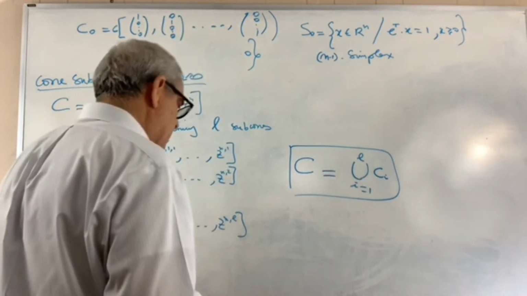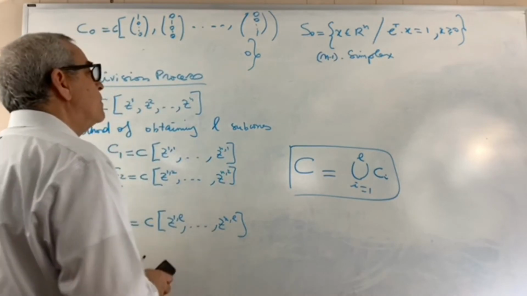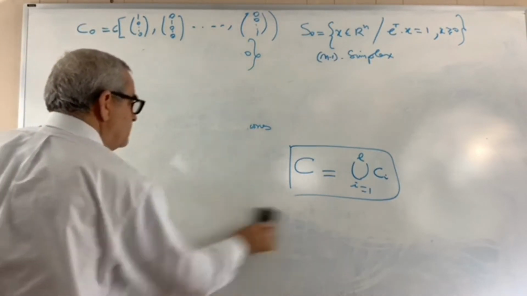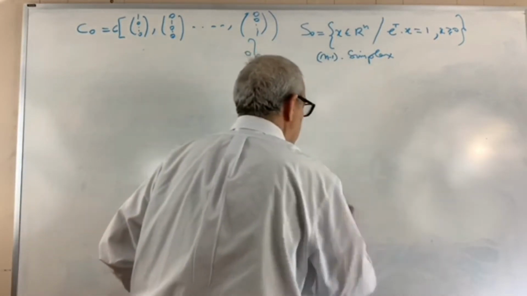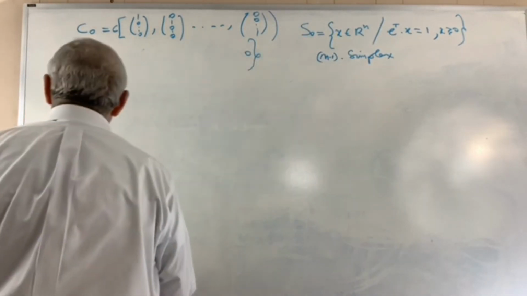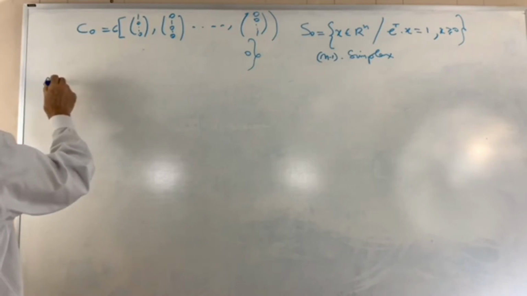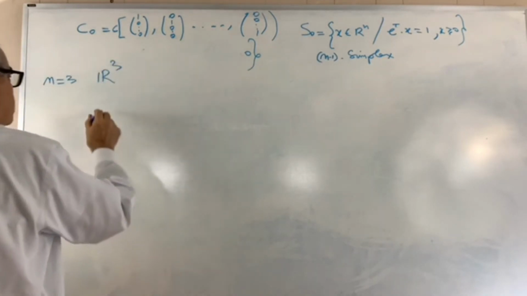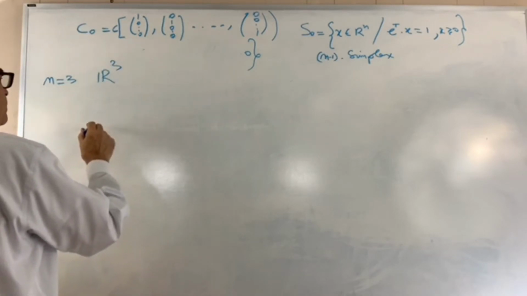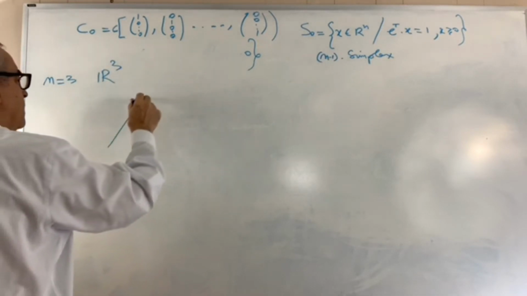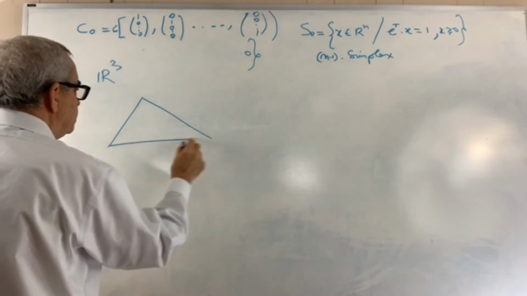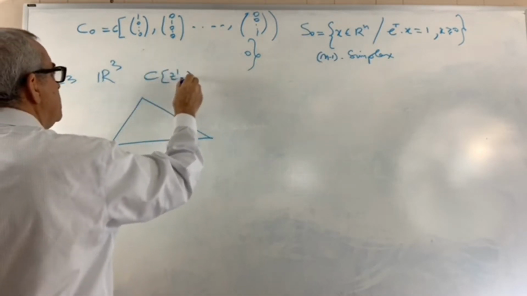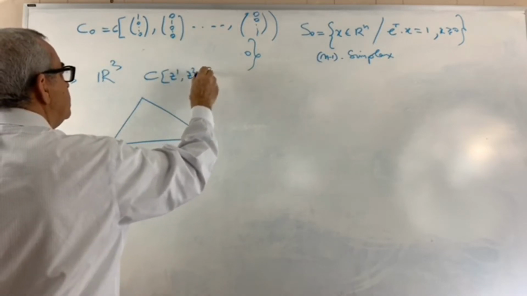Let me give a couple of examples. Let's take n equal to 3, so we are in R3. Take any cone, let's say C of Z1, Z2, and Z3.